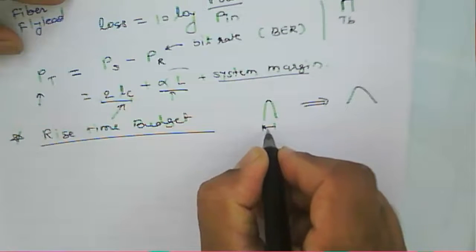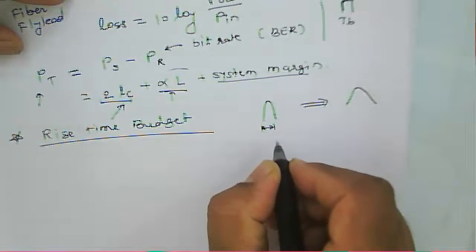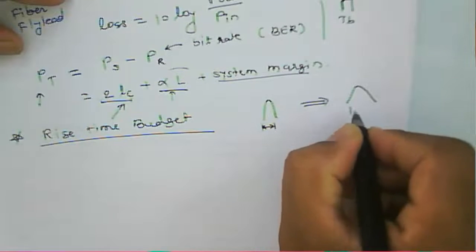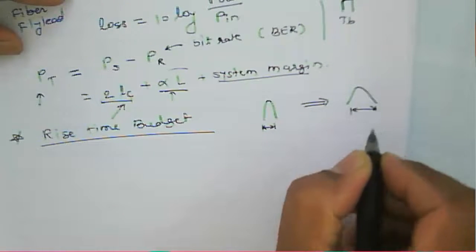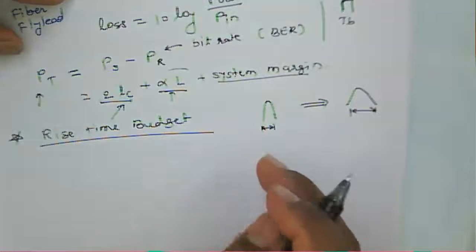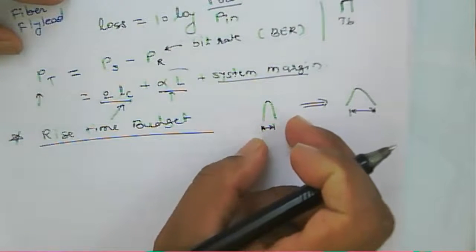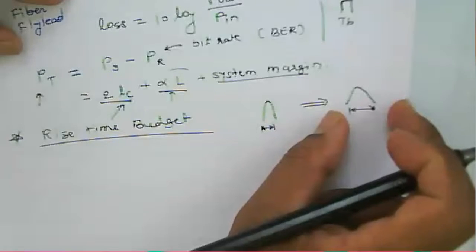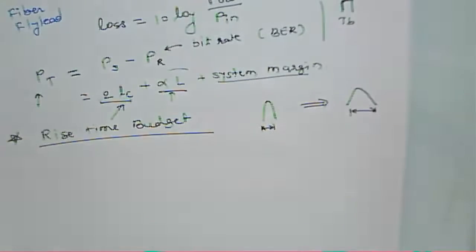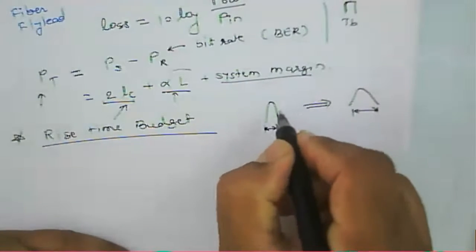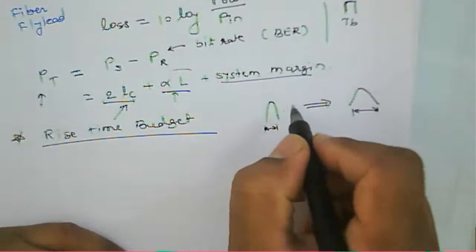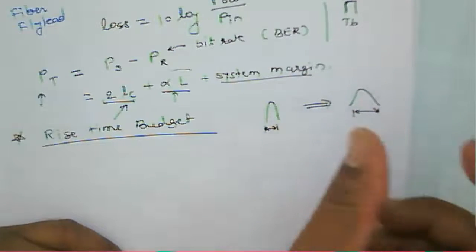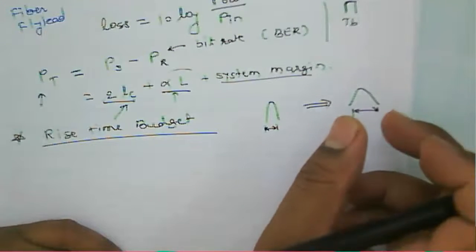The transmission data rate is higher, and at the receiver it is smaller. It means at the transmission side the bandwidth is large, and the receiver has a narrow bandwidth, because when we transmit a simple pulse, that pulse gets degraded because of dispersion.